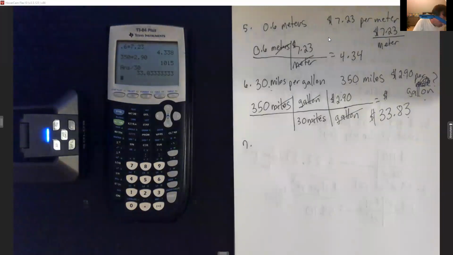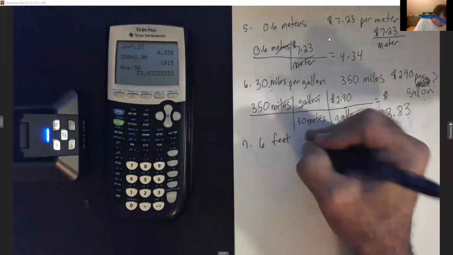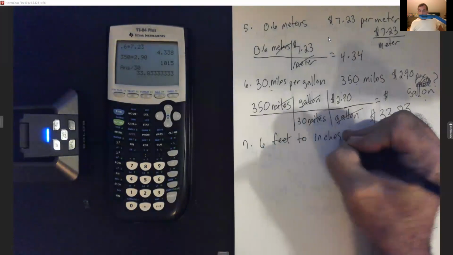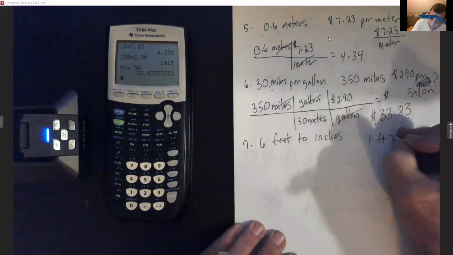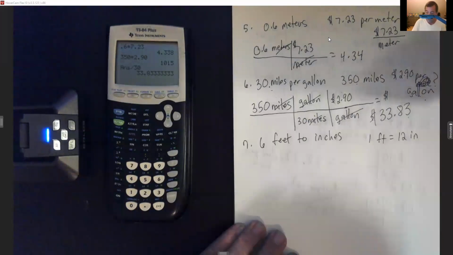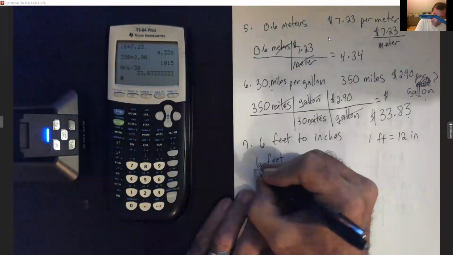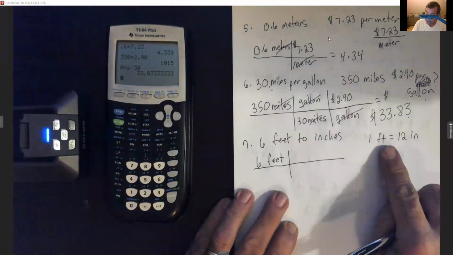All right, this one wants me to convert 6 feet to inches. And y'all know that conversion. 1 foot equals 12 inches. So we're starting with 6 feet. And our only conversion is feet to inches.